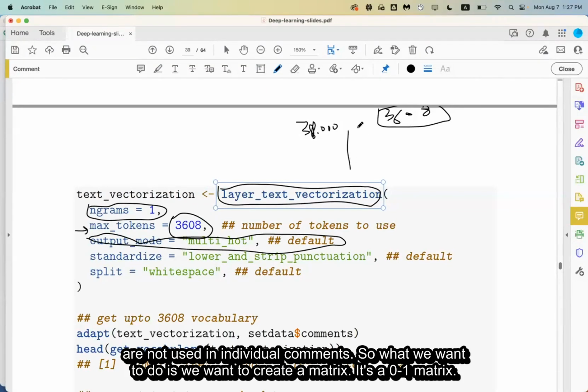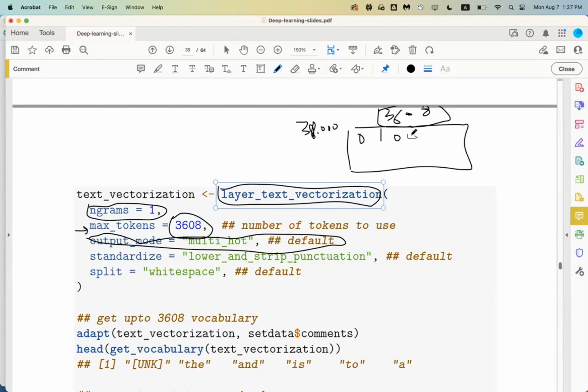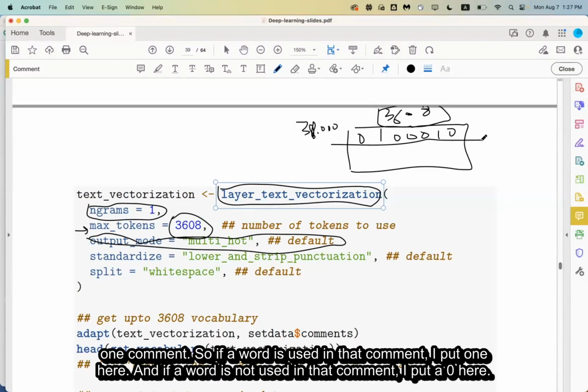So what we want to do is create a matrix. This is a 0, 1 matrix. Each row represents one comment. If a word is used in that comment, I put 1 here, and if a word is not used in that comment, I put a 0 here.